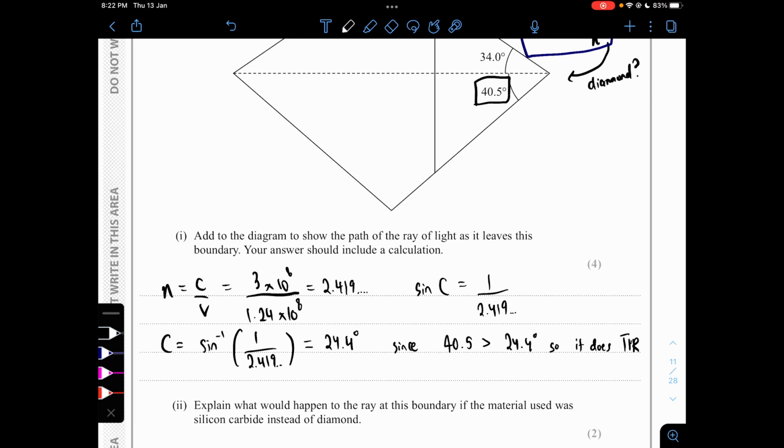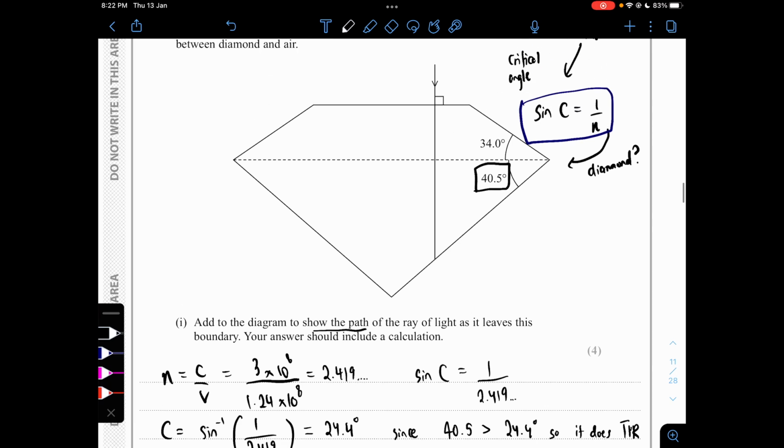But are we done? No, because we need to show the path. So this path is most likely, let's just say, around here. And this is our normal line. And that should give you the mark. So what are the marks?